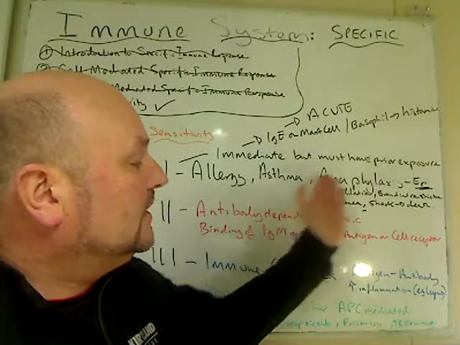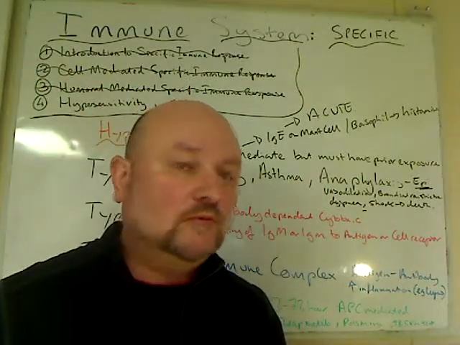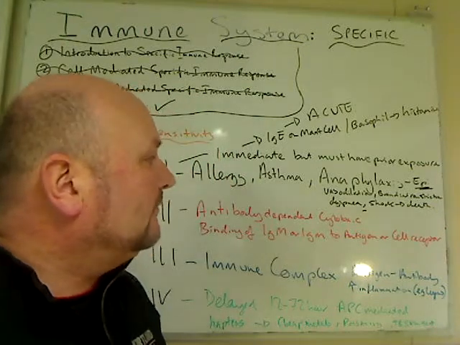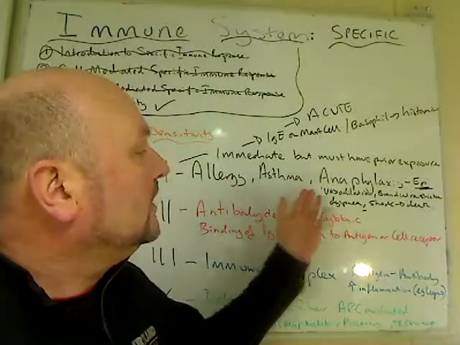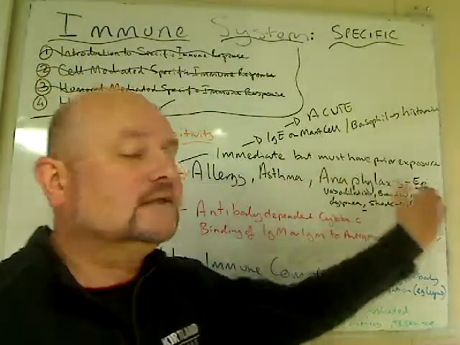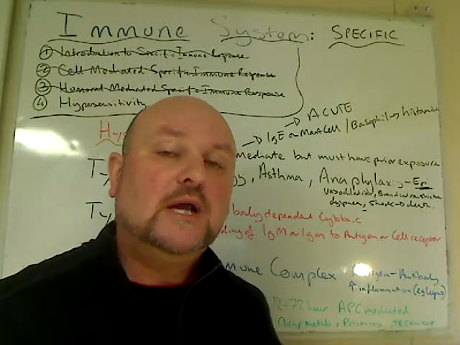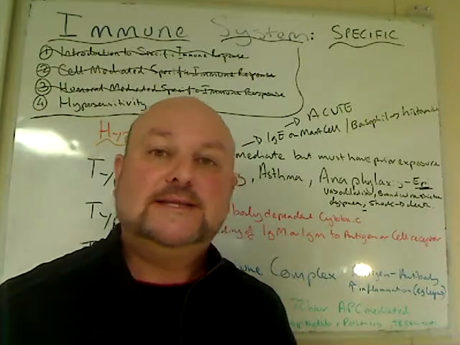So obviously anyone, for example, with a peanut allergy, which is a very common one, has to be very careful of what they're exposed to. The caveat to this is that you have to have had a prior exposure. You have to have raised the antibodies. Remember, we go back to the primary and the secondary response.